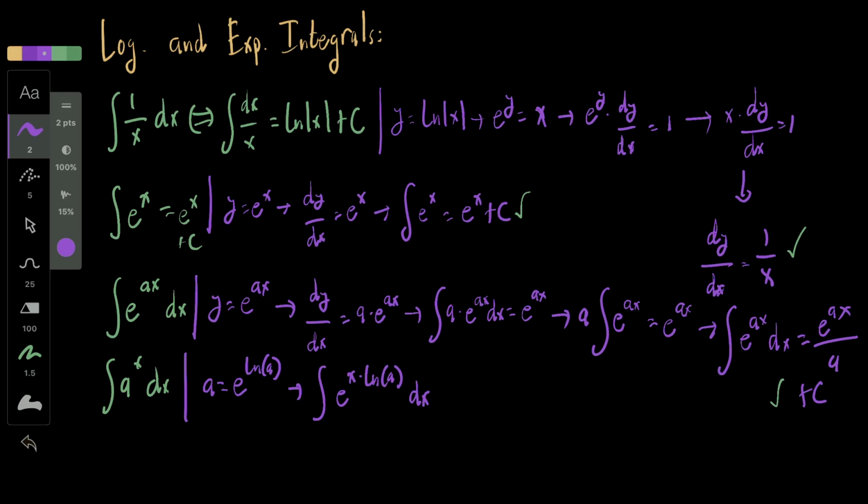Now since a is a constant, and ln a is a constant, we can use the same integral that we derived right before this to get e to the x times ln a divided by ln a plus c, and e to the x times ln a is just a to the x, so a to the x divided by the natural logarithm of a plus c.